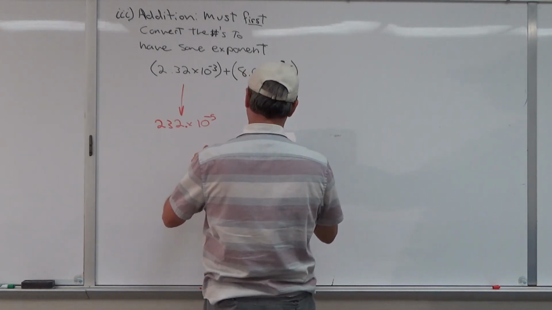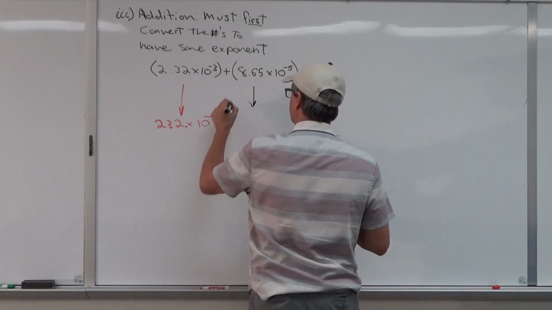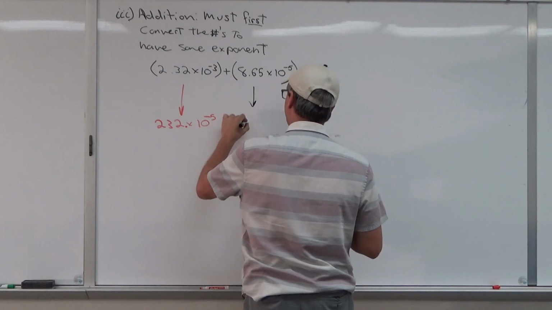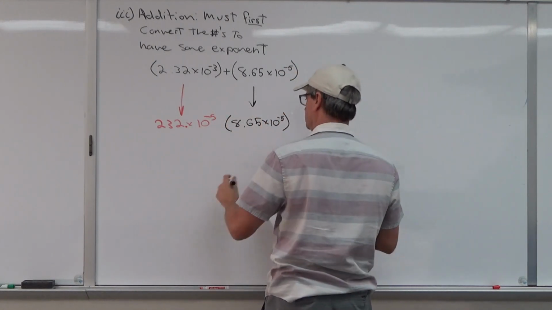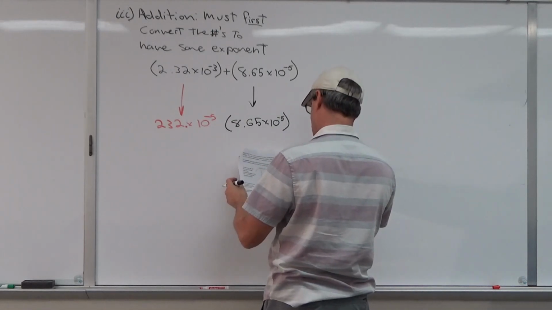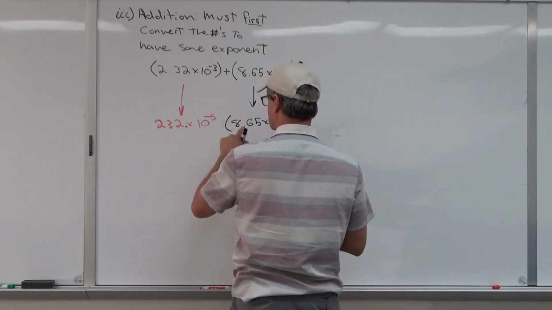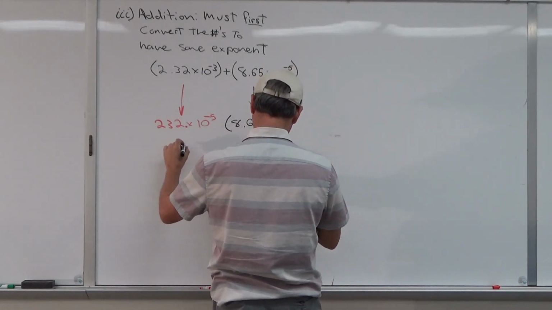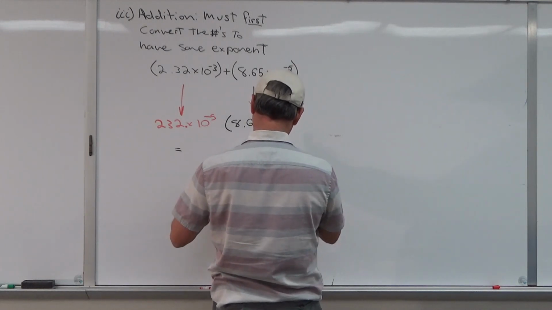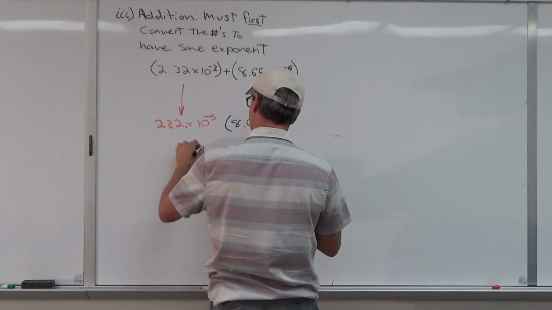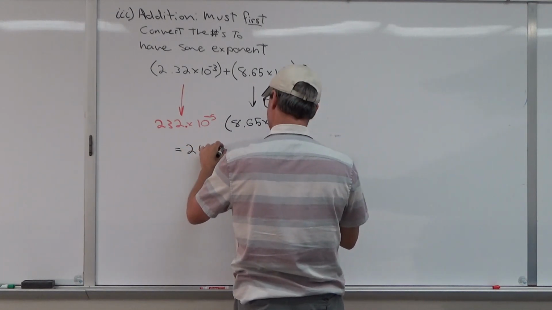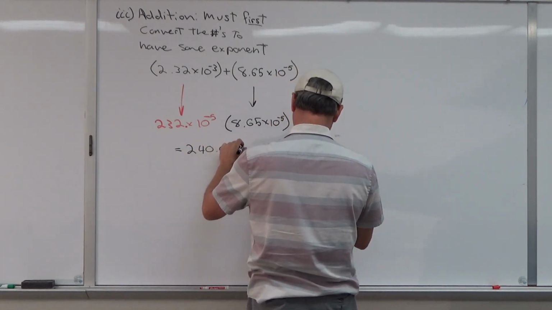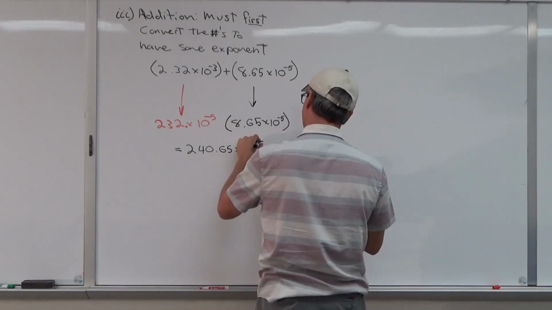So you can bring that guy down now, and that's 8.65 times 10 to the negative 5. If you add these two numbers, that's going to be 240.65 times 10 to the negative 5.